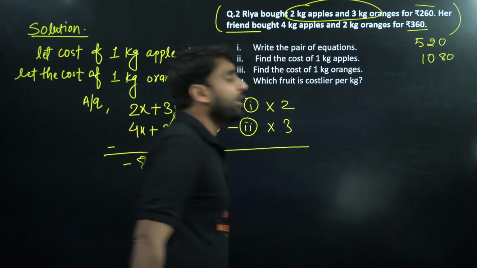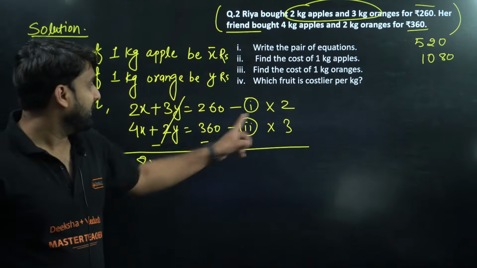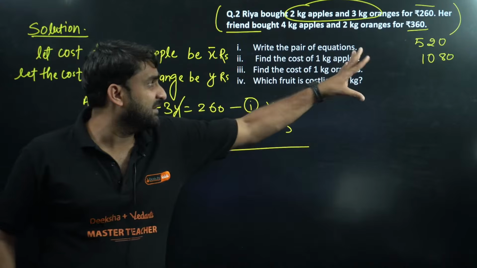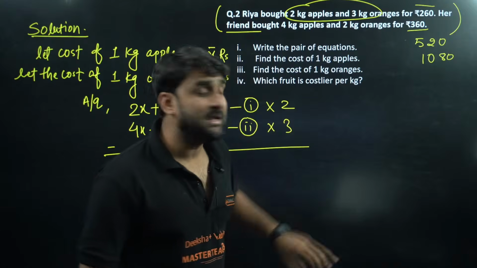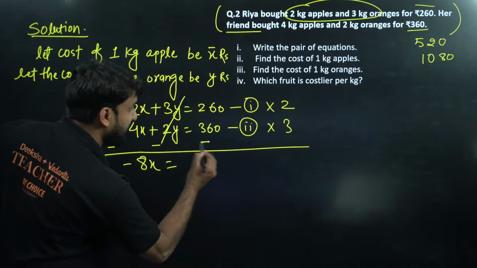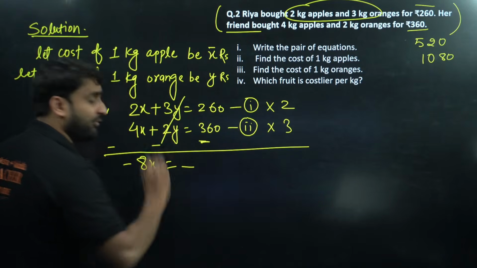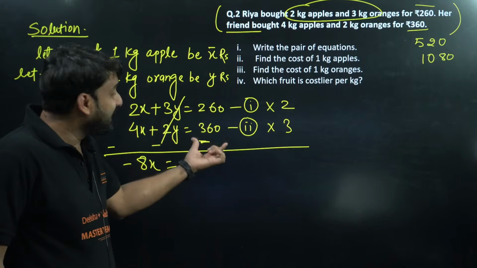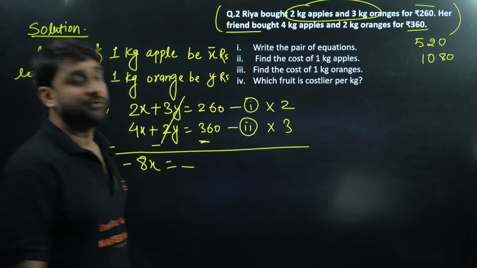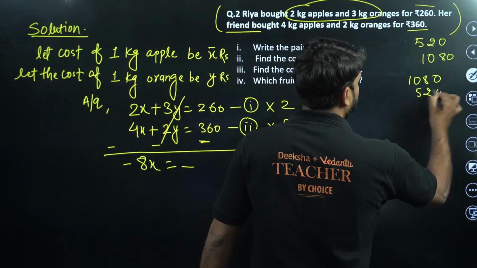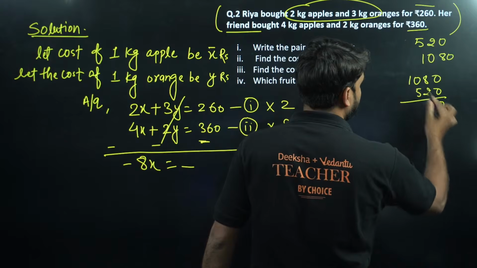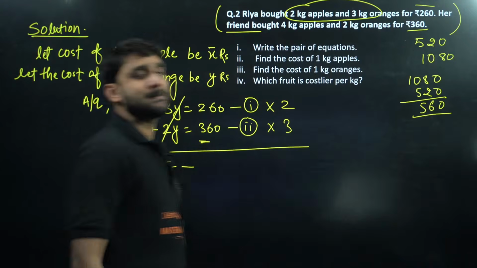Oh my God, 520, and 360 into 3 will be 1080. 520 is in plus sign, and 1080 is in negative sign. So the negative sign will carry forward, because we are subtracting a greater value from a smaller value. So let's subtract: 1080 minus 520, this will be 0, and this will be 6, and this will be 5. 560 is there, right?